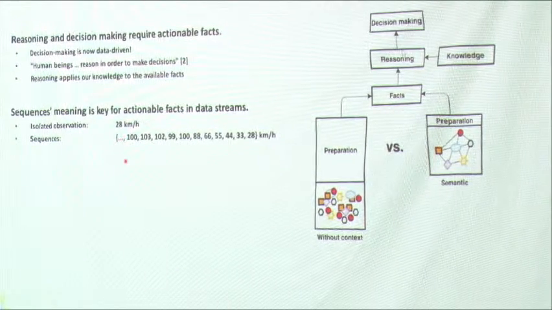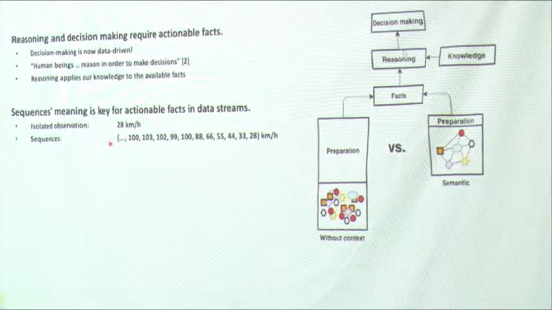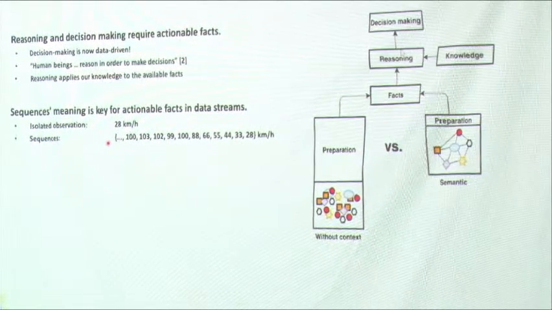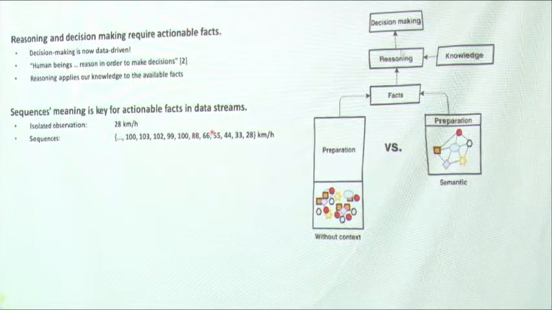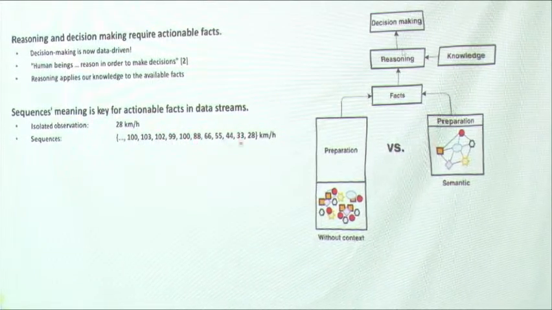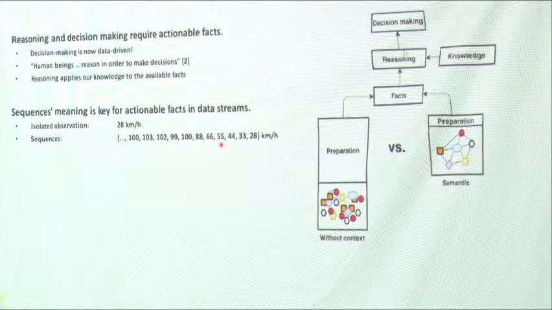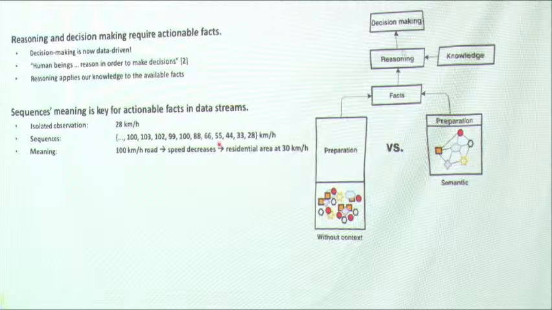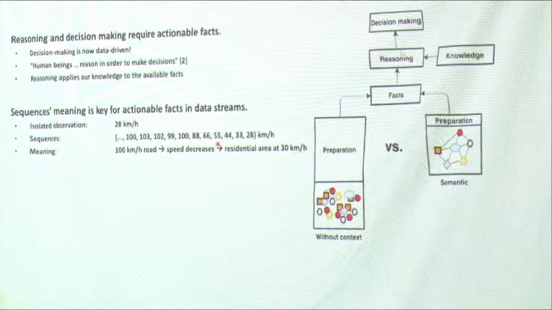In contrast, we have a sequence here, and you can see, for example, that you have high values around 100, and then suddenly it starts to decrease, and at the end you have values around 30 kilometers per hour. If you have the proper model and the proper domain knowledge, you may be able to infer meaning that is understandable for non-humans as well.